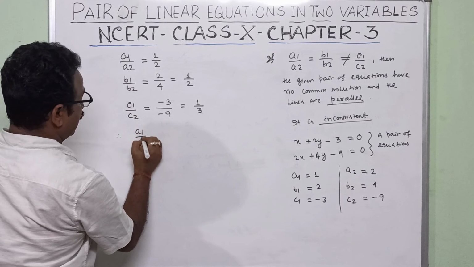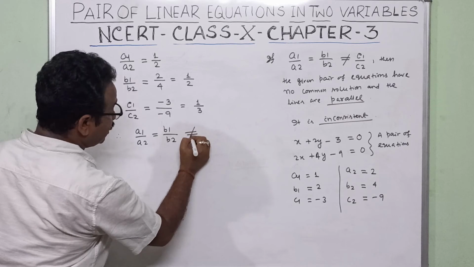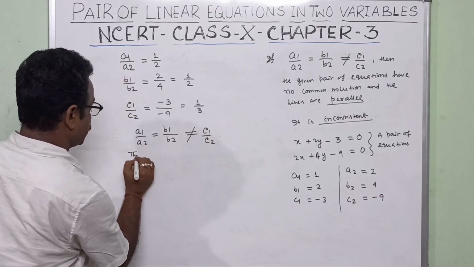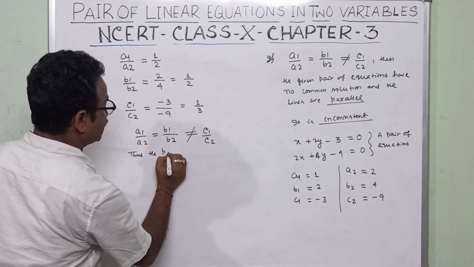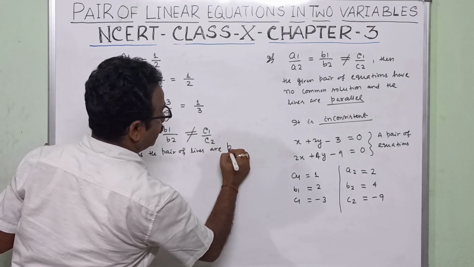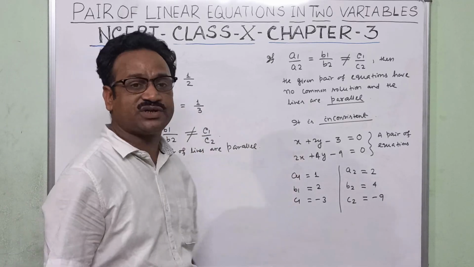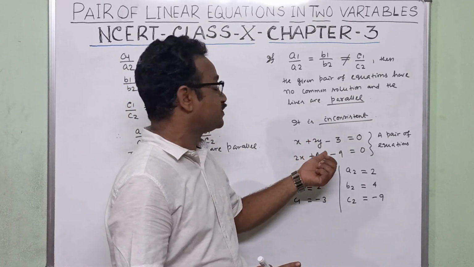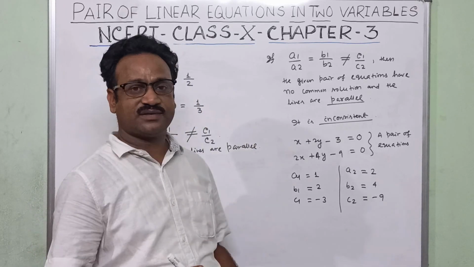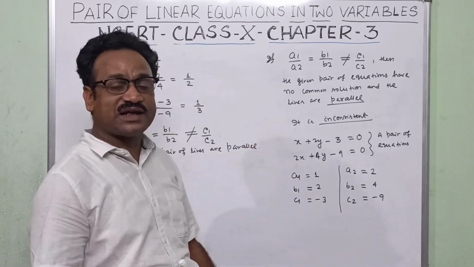Therefore, A1 by A2 is equal to B1 by B2 is not equal to C1 by C2. Thus, the pair of lines are parallel. You can solve these two equations in the graph, finding x coordinate and y coordinate, and you will find definitely that these two lines are parallel.